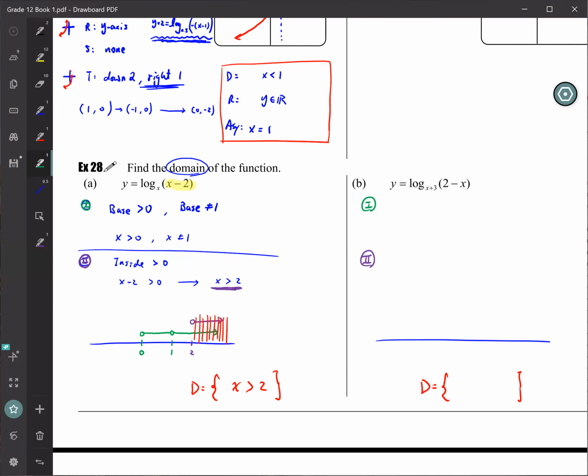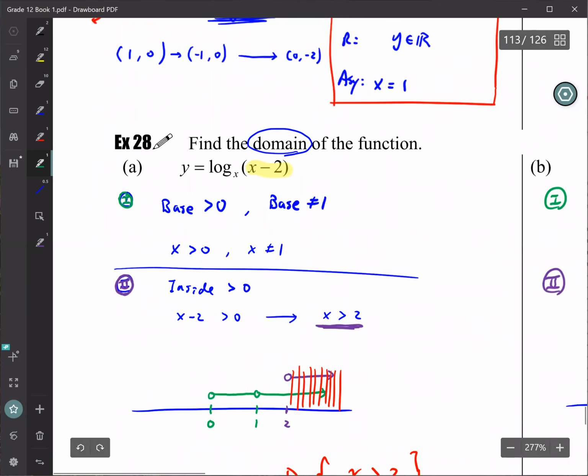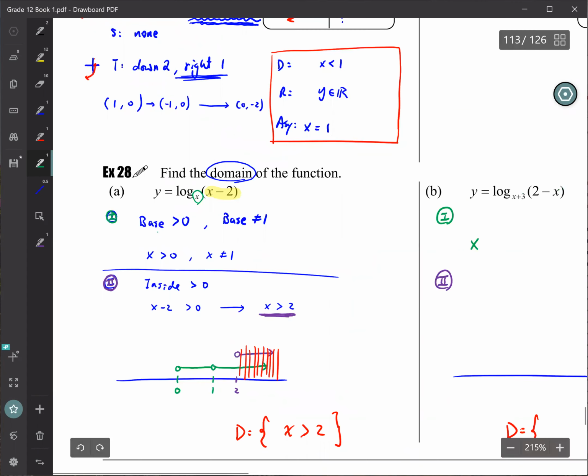X is greater than 0, x cannot be 1. Oh, that's if you have base as x, right? You have to follow the word. Whatever is in the base, right? You have to make it greater than 0, not equal to 1.